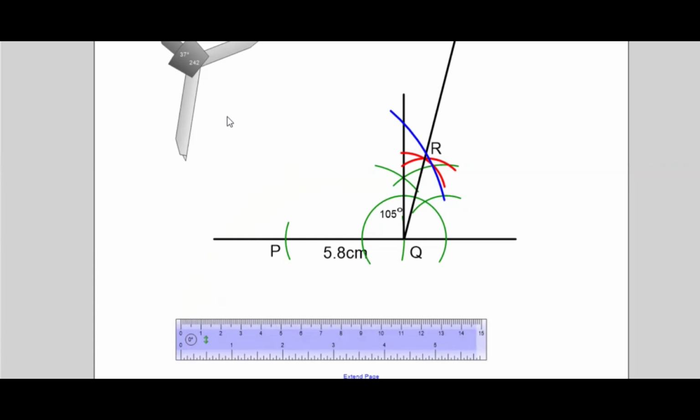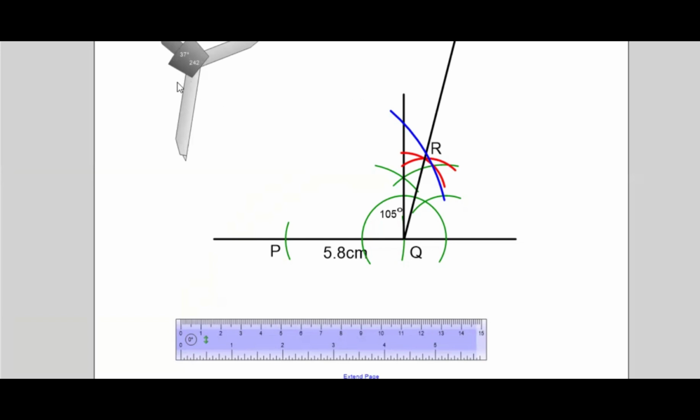That's what determines a point, not just one arc. If we say PS is 8.5 and just construct an arc, we won't know at which point on that arc we can locate our point S.